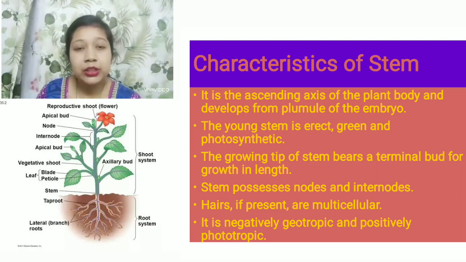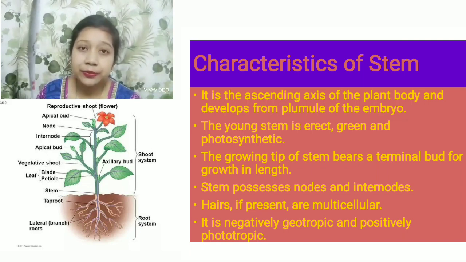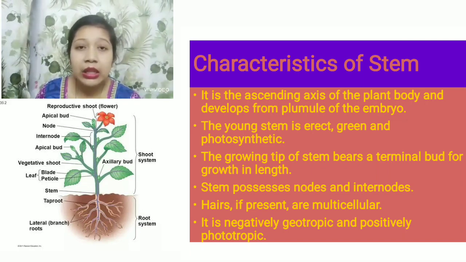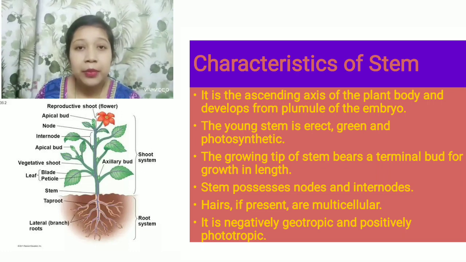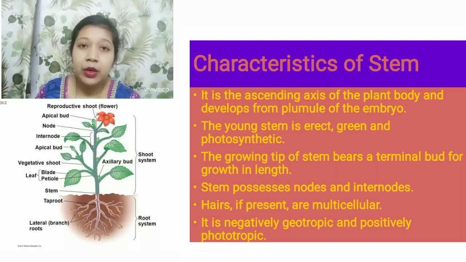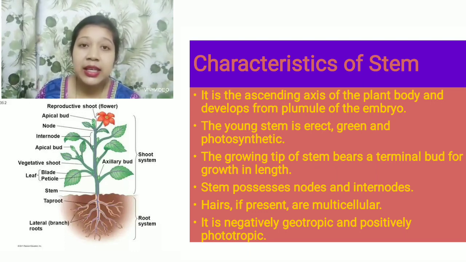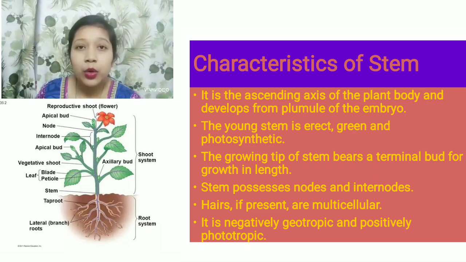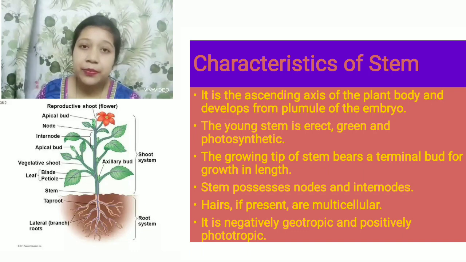Then comes the third point, that the stem bears a terminal bud. Now what is a bud? A bud is the upper portion of the stem, which is the condensed part, and it bears the young leaves.